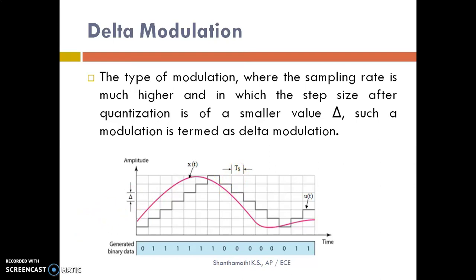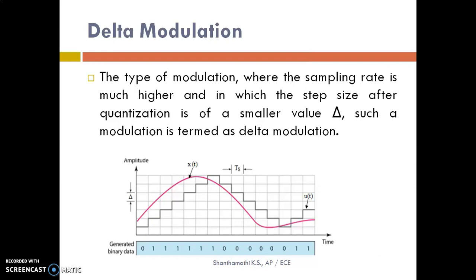The difference between the input signal x of t and the staircase approximated signal u of t is confined to two levels, plus del or minus del. If the difference is positive, which means the difference between x of t and u of t is positive, then the approximated signal is increased by one step.